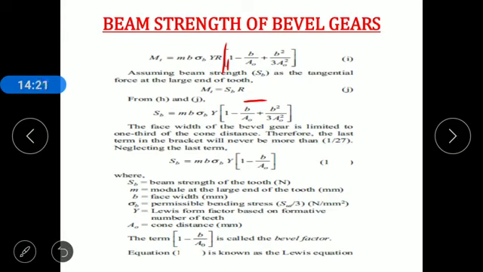we use the relation b equal to 10 module and we get some value, and we use another relation for face width, b equal to 1/3 of A_o, the cone distance, and using these two equations we get some values, and the smaller value is considered in the calculation.